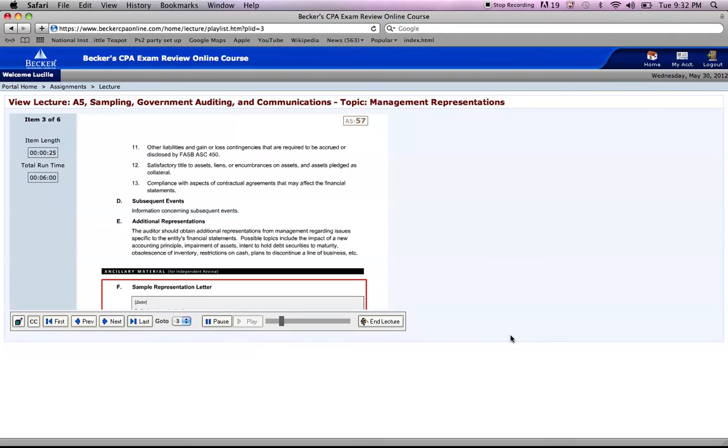Number 11, gain or loss contingencies. Number 12, satisfactory title. Number 13, compliance with aspects of contractual agreements. Now highlight, not underscore, highlight subsequent events. Information concerning subsequent events needs to be disclosed as well.